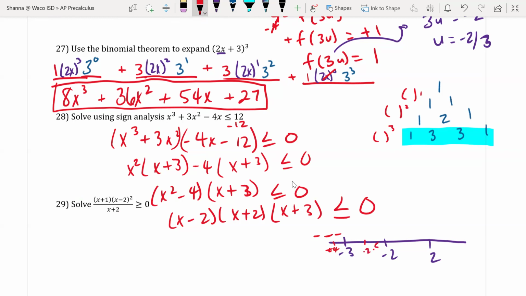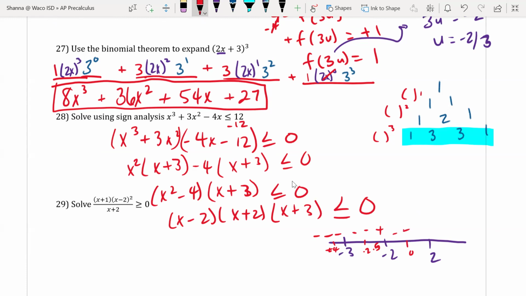And then in between here, I'm going to choose -2.5. If I plug in -2.5 here, what is it going to be? It has to be a number between -2 and -3. And the number between that is -2.5. So it's going to be a negative and a negative, and then a positive. Anytime I can plug in 0, I'm going to do what? Plug in 0. If I plug in 0, what do I get?